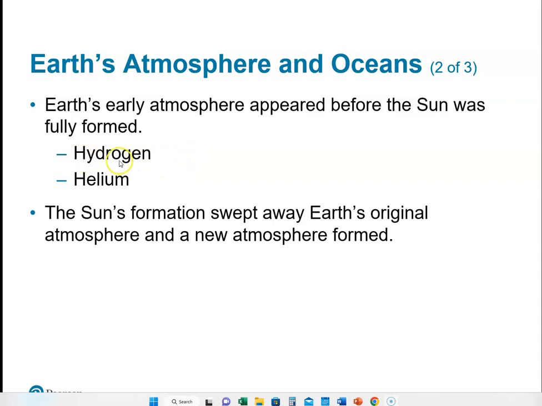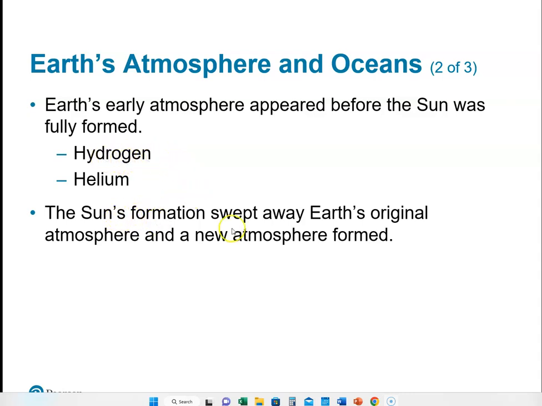During that time, the atmosphere of the Earth would have been composed of the original matter that made up the solar system, hydrogen and helium. Okay, so there would have been an atmosphere of hydrogen and helium. This is as the Earth was forming, so even before the Hadean period.